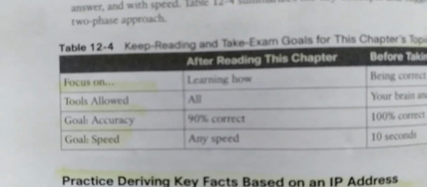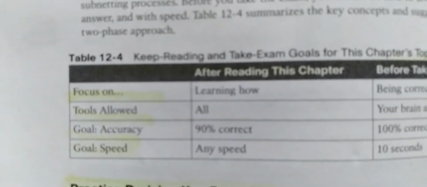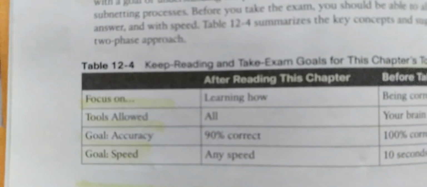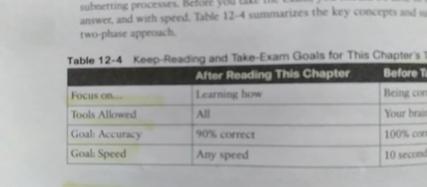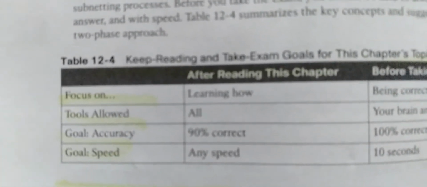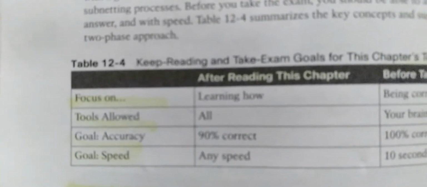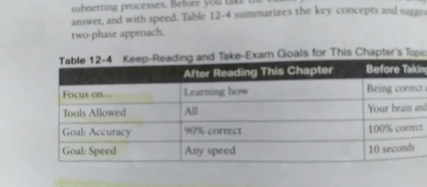So the goal here is speed. If we understand the IP address, class, network octets, host octets, network ID, and network broadcast address, the goal is to practice continuously, over and over, to gain the speed.